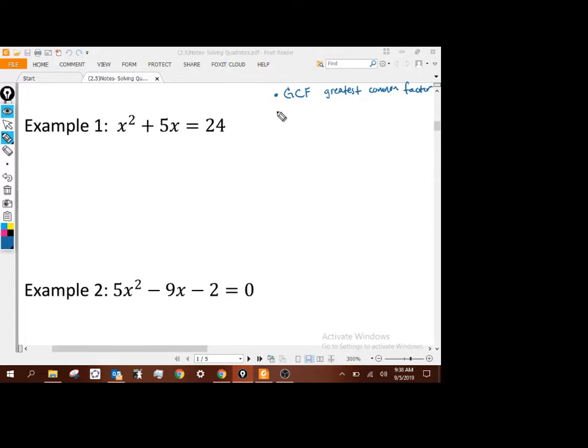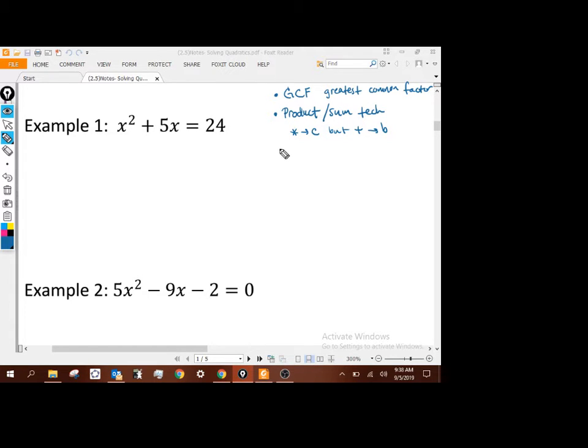The next thing is to use the product sum technique, which refers to two numbers that multiply to give me C, but add to give me B. And that's the one we can only use when the A coefficient is 1.